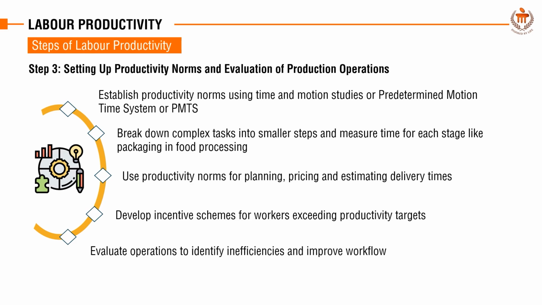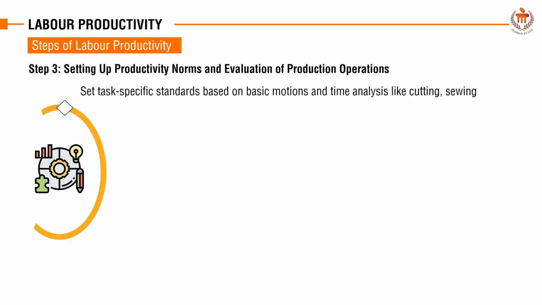By continuously evaluating production operations against these established norms, organizations can identify areas for improvement, ensure optimal workflow, and enhance overall productivity. Continuing with step 3, when setting up productivity norms, it is crucial to establish specific standards for different jobs based on the basic motions involved and the time required to complete them.